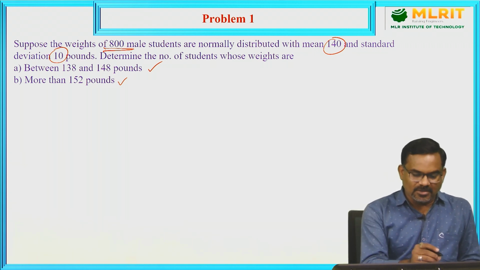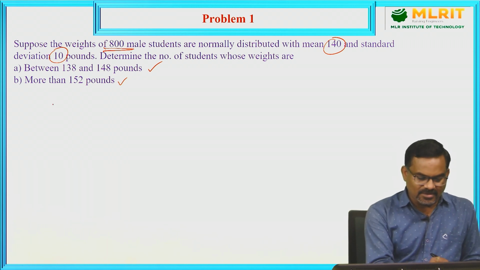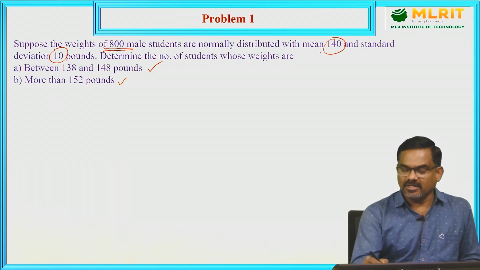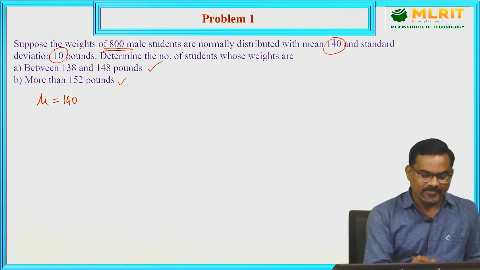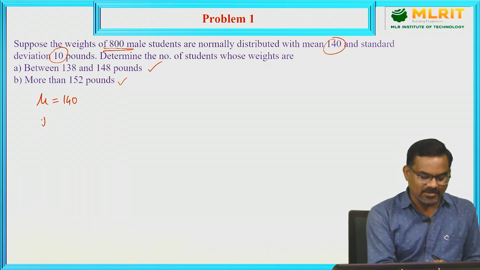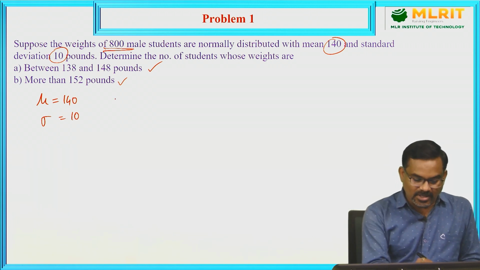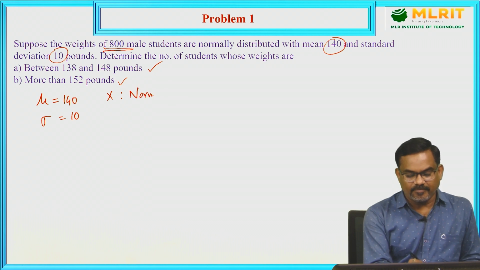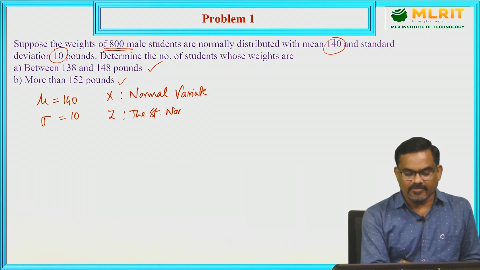Now here we apply the normal distribution, as the mean is given as 140. So mu is 140, and standard deviation sigma is given as 10 pounds. And we know that x denotes the normal variate and z denotes the standard normal variate.